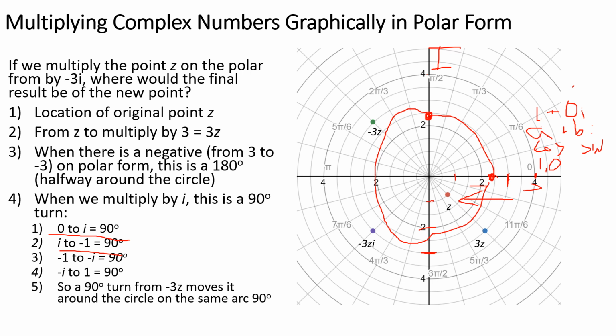So a 90-degree turn around 3z would move the same circle around by 90 degrees. Keep in mind, if this is going 90, this original point was just going to move 90 degrees, or 1i, because each move from one point to another is 90 degrees, or 1i. So it's right in the middle here. Let me erase all this. I'm making a mess tonight. Sorry about that.